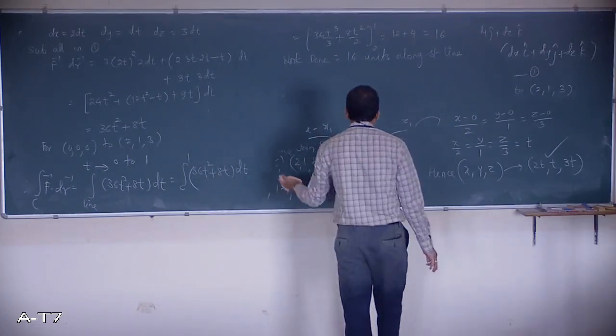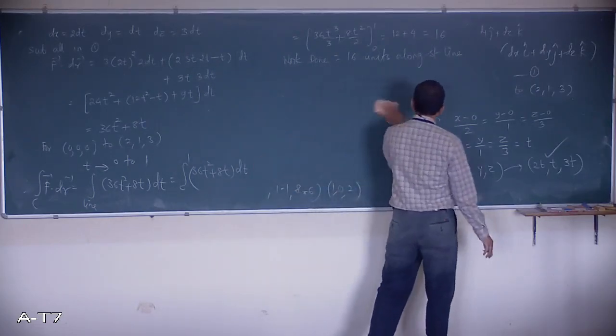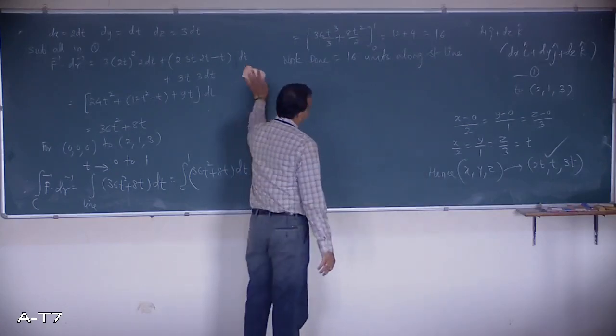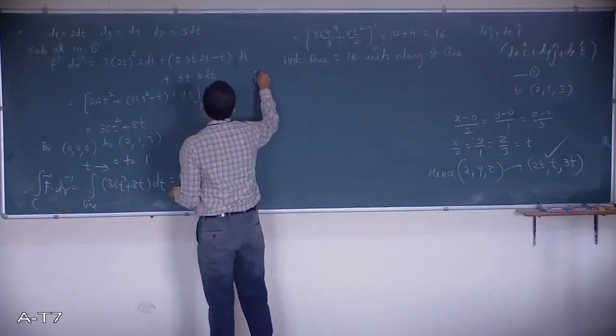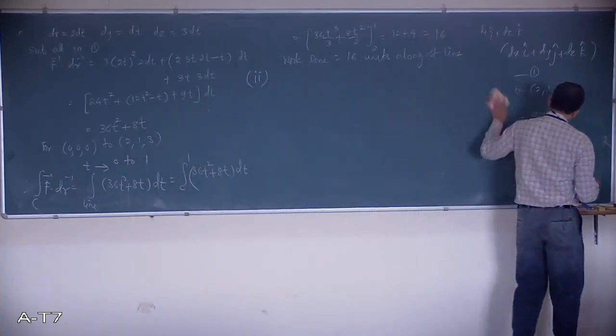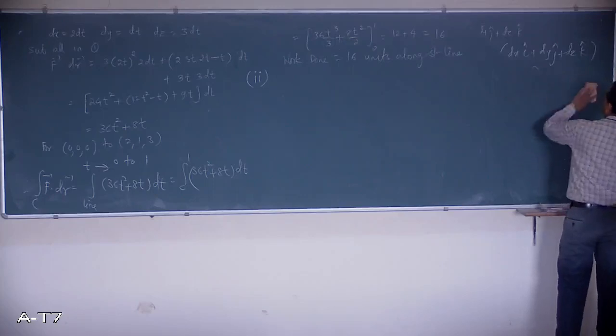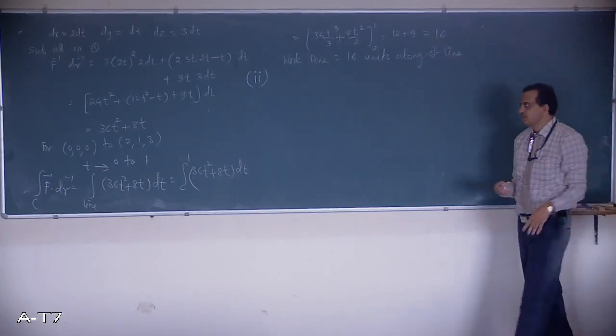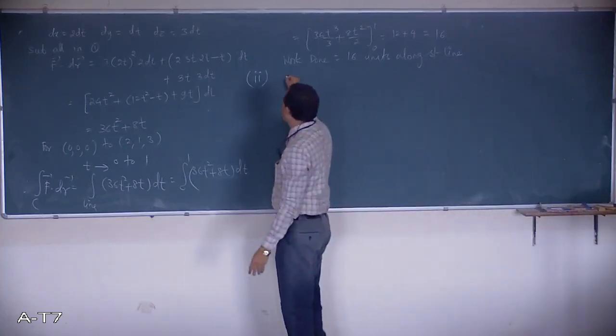Now let us look at the second case, and we will evaluate it. So I have to write the equations. F dot dr as equation 1, you have it with you. I don't have it here, but I will write it again.